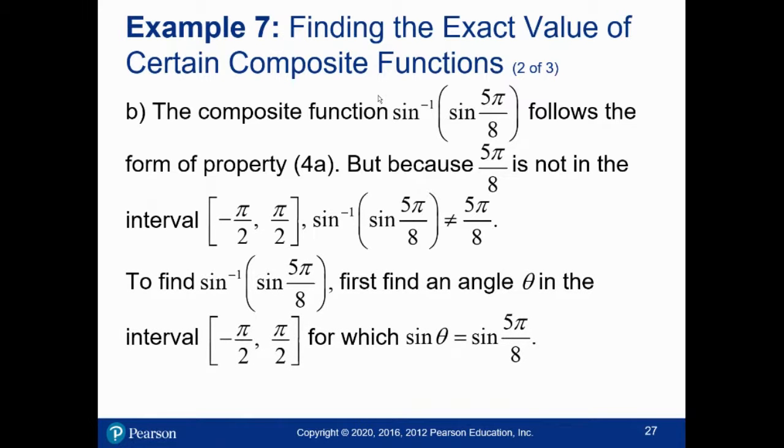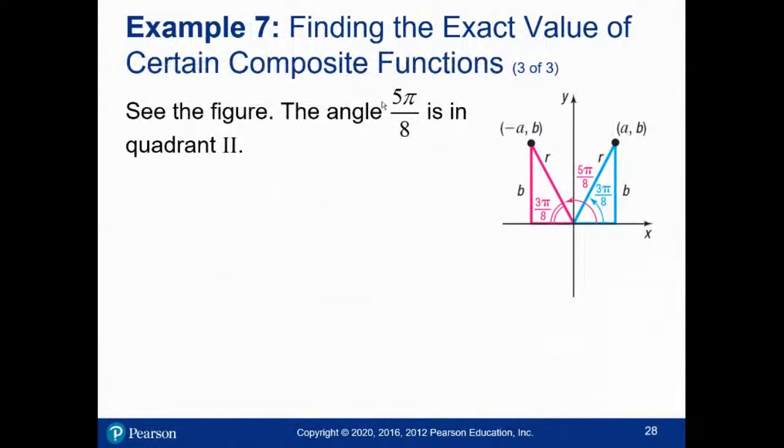So we have to find an angle in quadrants 4 or 1 whose sine has the same value. Again, 5π/8 is in quadrant 2, but I need to be in quadrant 4 or 1. So the way we can figure out what angle that is is using some symmetry arguments. So I'll expand their picture. They drew it a little small. Okay, so 5π/8 is about here.